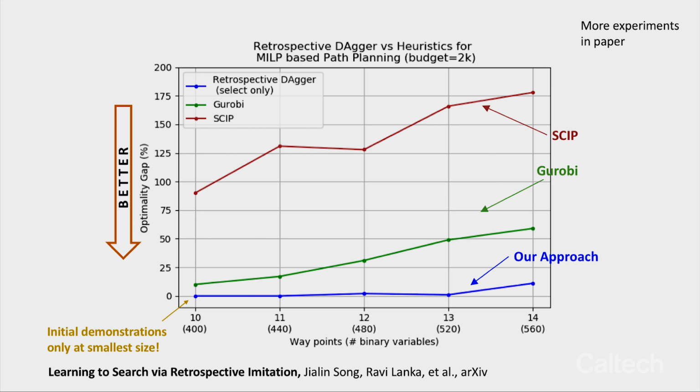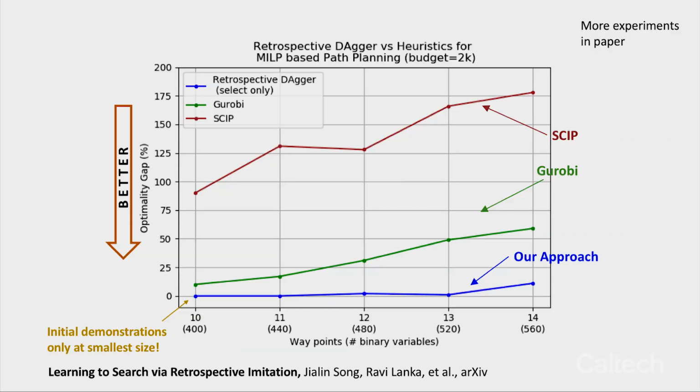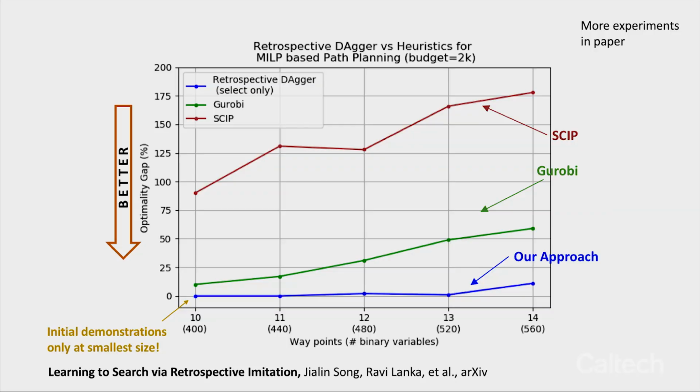SCIP, which is the brown one, is the best available open source solver for some of these branch and bound algorithms. The one in green, Gurobi, is the commercial solver. There's billions of dollars spent on developing some of the heuristics for tree search algorithms, or branch and bound in particular. And in blue is our approach.